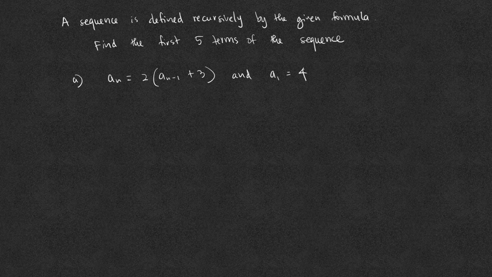In this case, what this sequence is saying is that the nth term is twice of 3 more than the previous term.